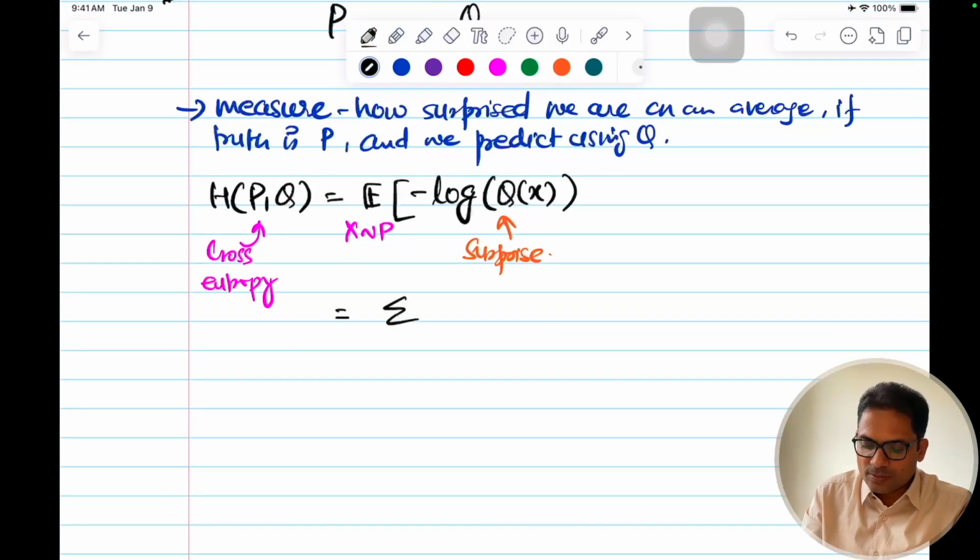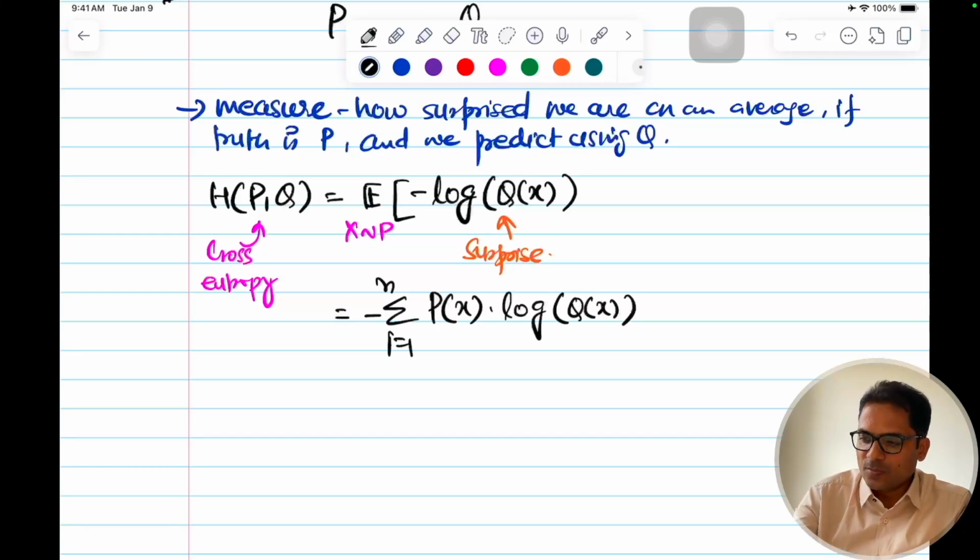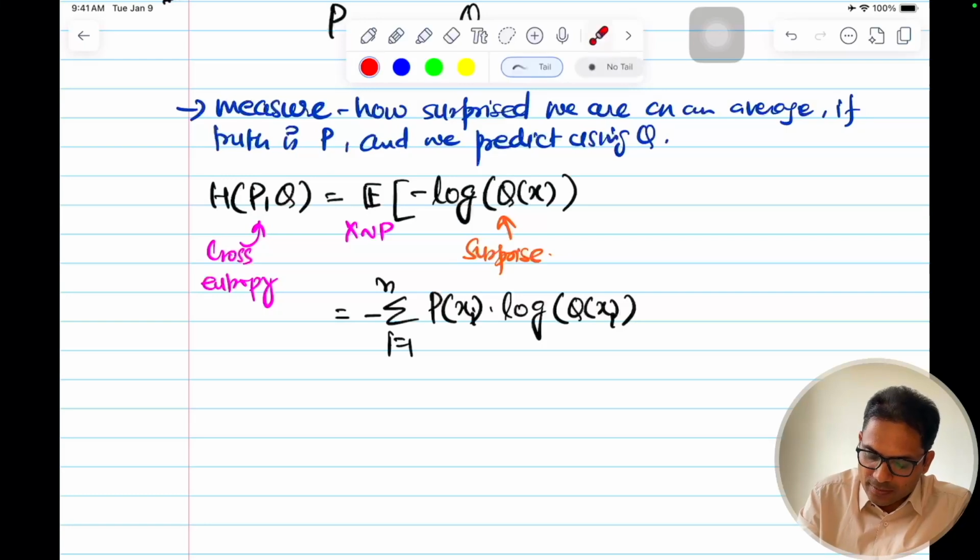This is equal to negative summation over i equal to 1 to n, all the values I have, probability of x_i into log of Q of x_i. I have mentioned i here.